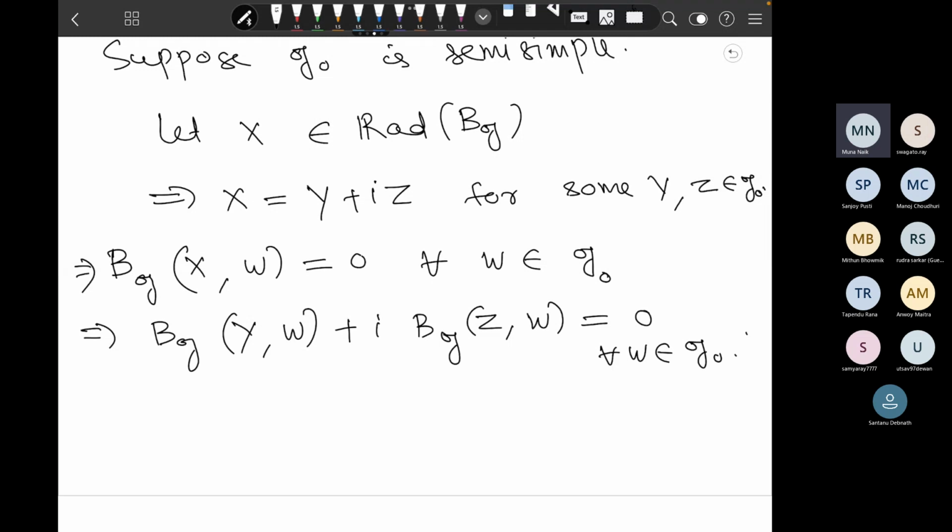Now I apply that previous proposition: BG is equal to BG naught restricted. So Y belongs to G naught and W belongs to G naught.